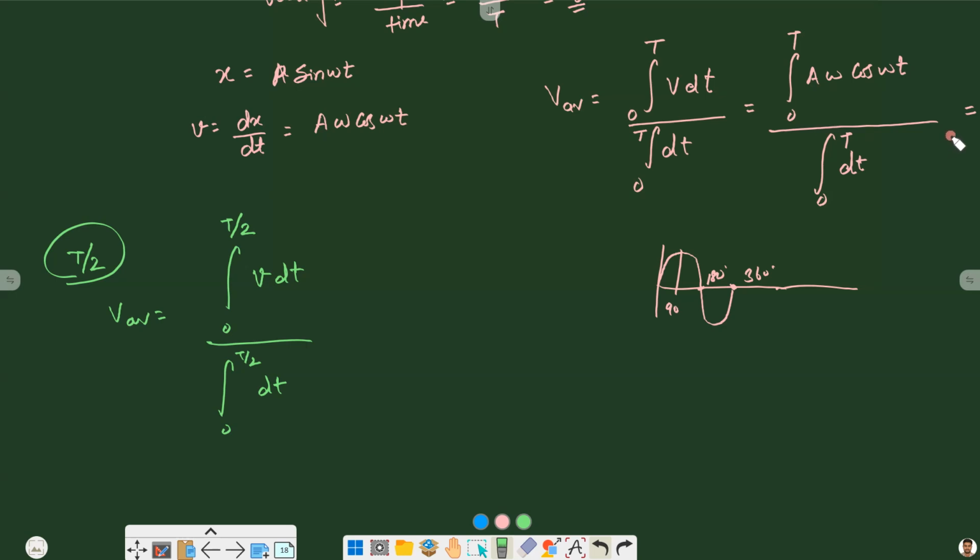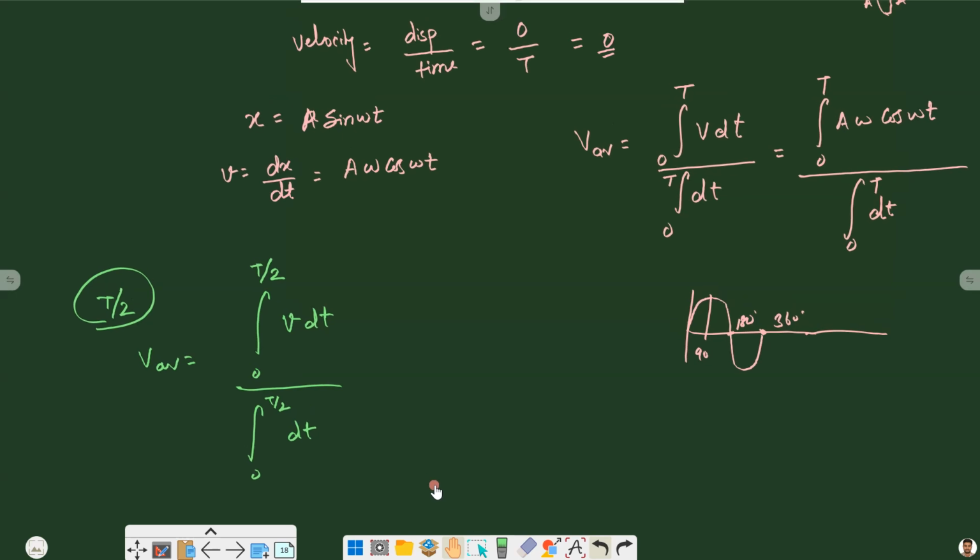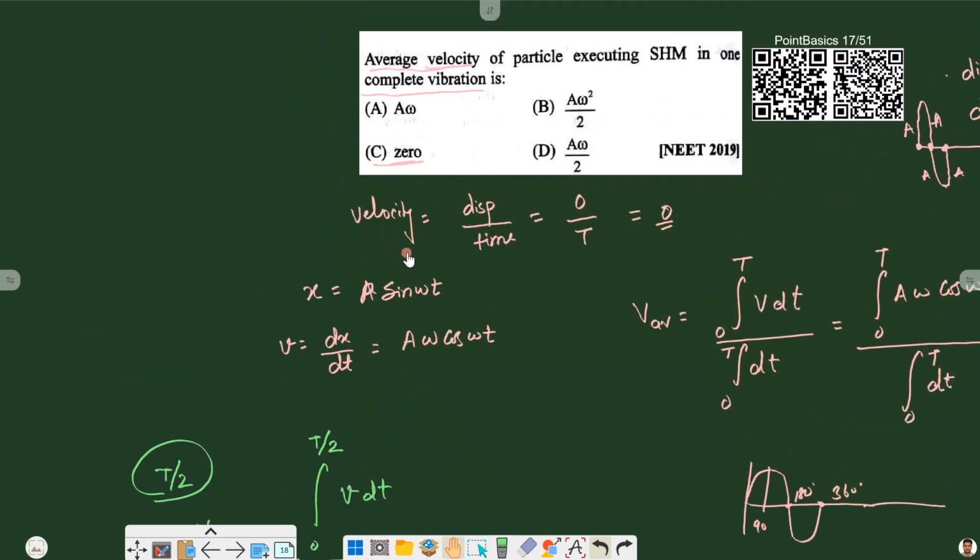So that's how you can find the right answer, and here it is 0, so we have already ticked it. Now moving to next question.